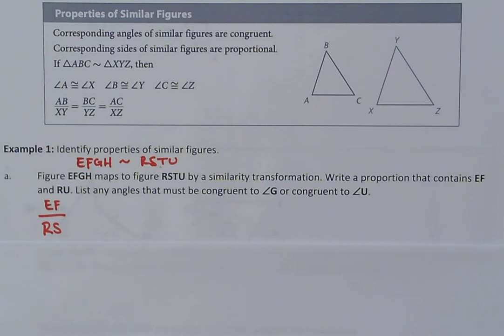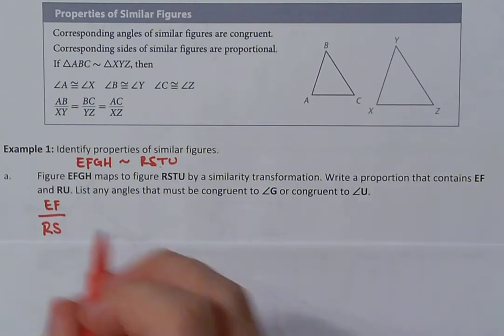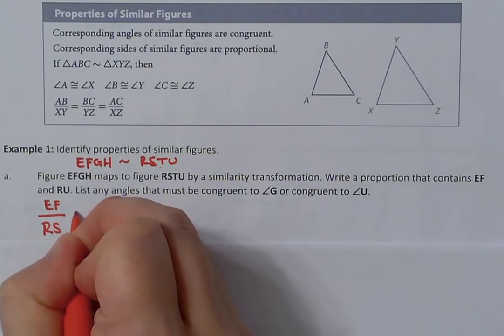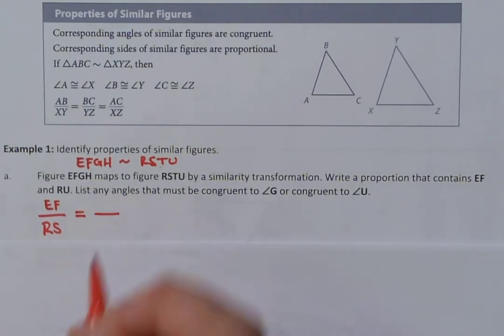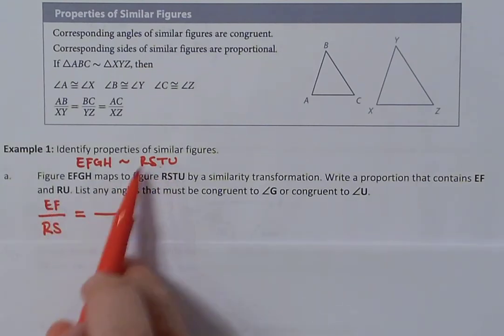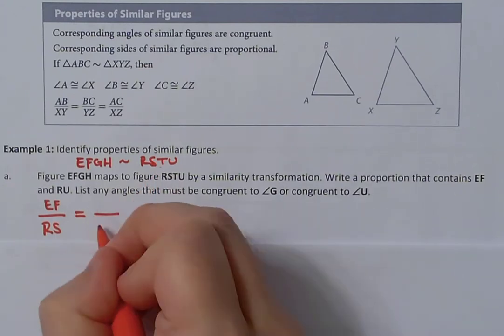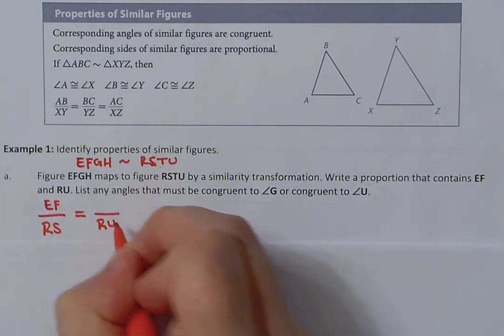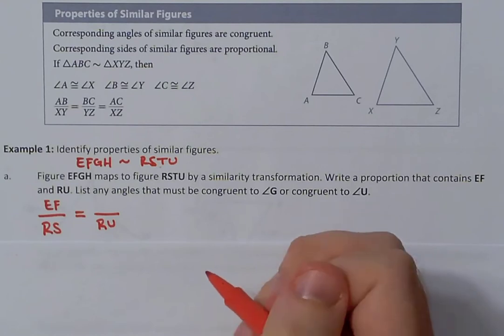So I've set up one part of my proportion that contains EF. Now to have a proportion, we have to set them equal to each other. And the other thing they want us to contain is RU. RU is going to come from the second statement, so that needs to go on the bottom of the fraction.